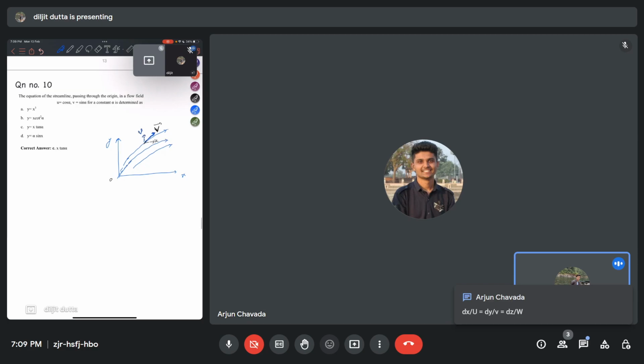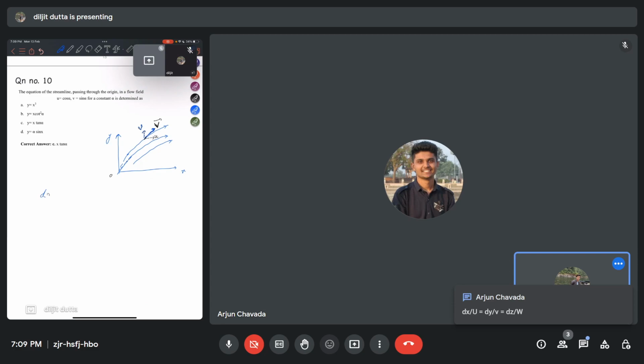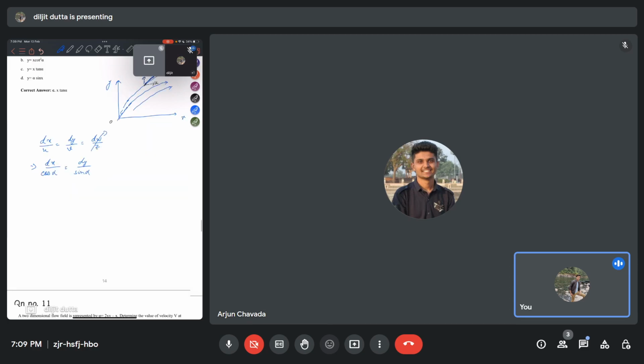So the equation of streamline will be obtained as dx by u equal to dy by v equal to dz by w. We are not considering dz by w since it is 2D flow. So we have dx by cos alpha equal to dy by sin alpha.